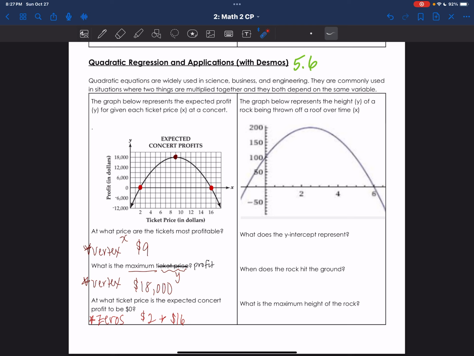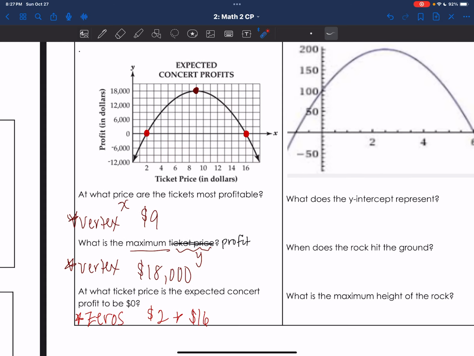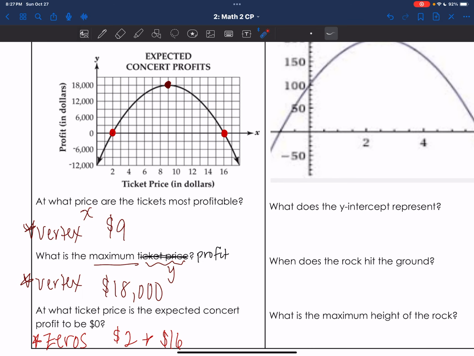So let's look at this first one. It says the graph below represents the expected profit Y for given each ticket price X at a concert. So what I did already is I went through and highlighted, in a sense, some important points that we'll need to be able to interpret it.